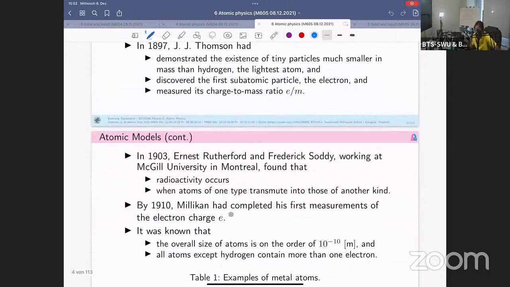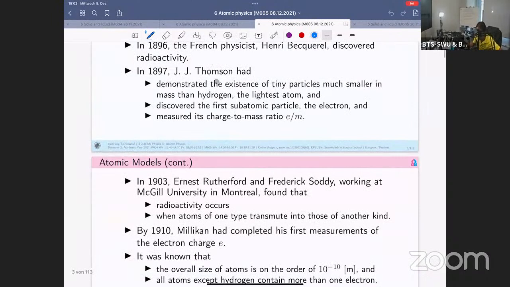In 1910, Millikan, this guy is quite clever. He used the result from the experiments 13 years earlier by Thomson.